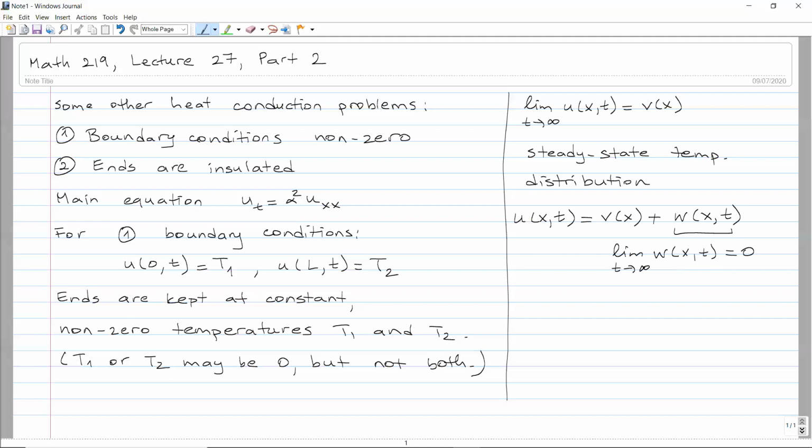For the steady state temperature, v(x), what do we expect it to be? Once the heat distribution reaches the steady state, it is not going to change again.